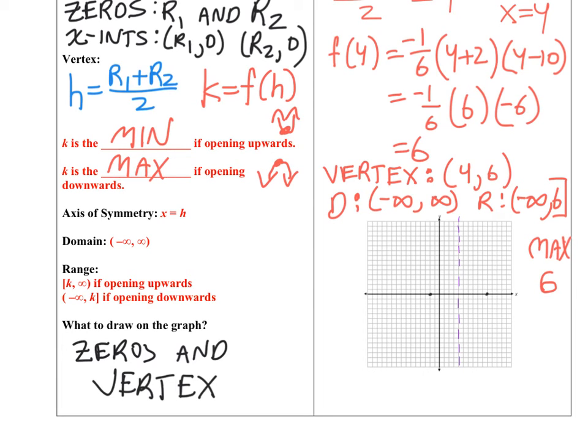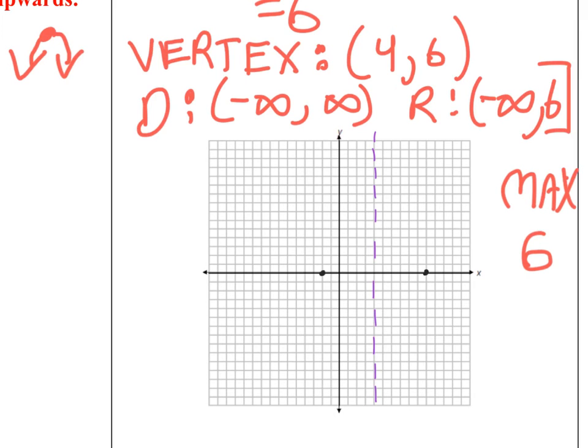Notice because of the quadratic function's U-shape, it can only have either a minimum or a maximum. It will never have both. So final thing I'm going to do is plot the vertex at 4, 6. And then finally, I can connect the dots.